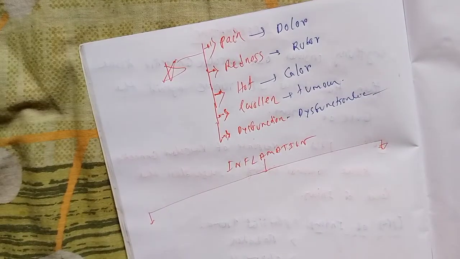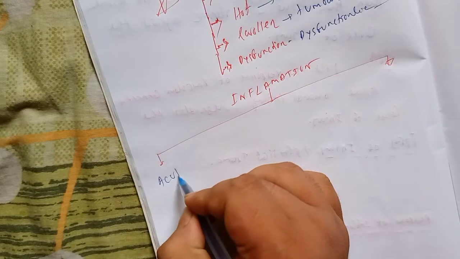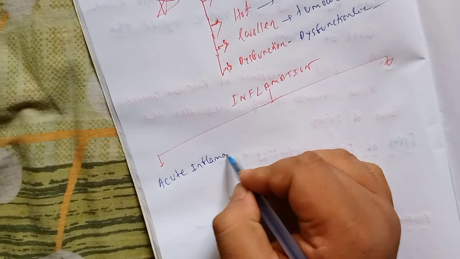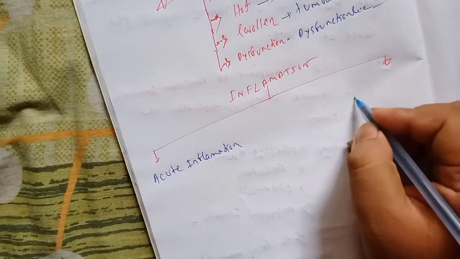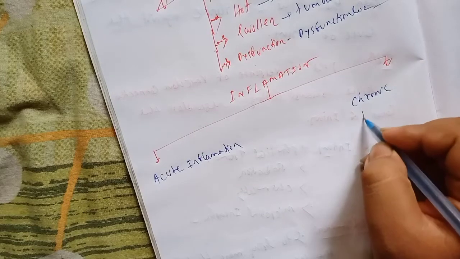One is acute inflammation. Another is chronic inflammation.